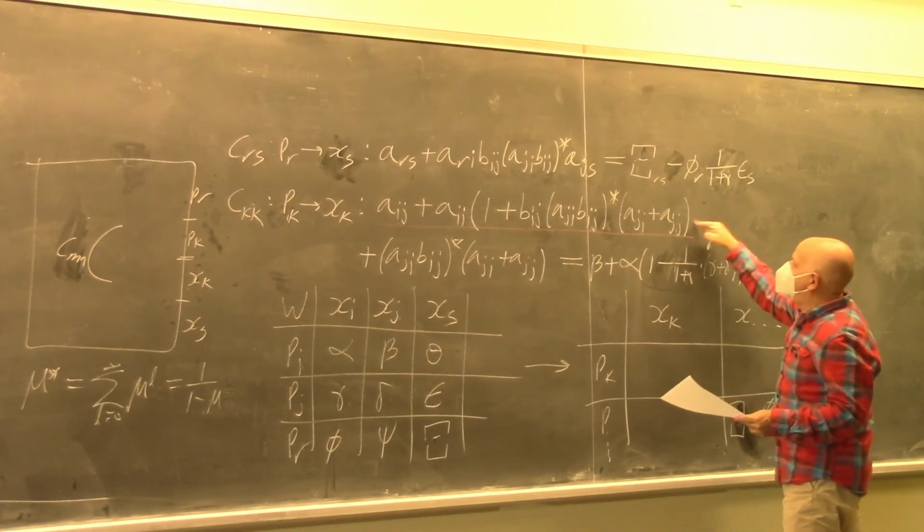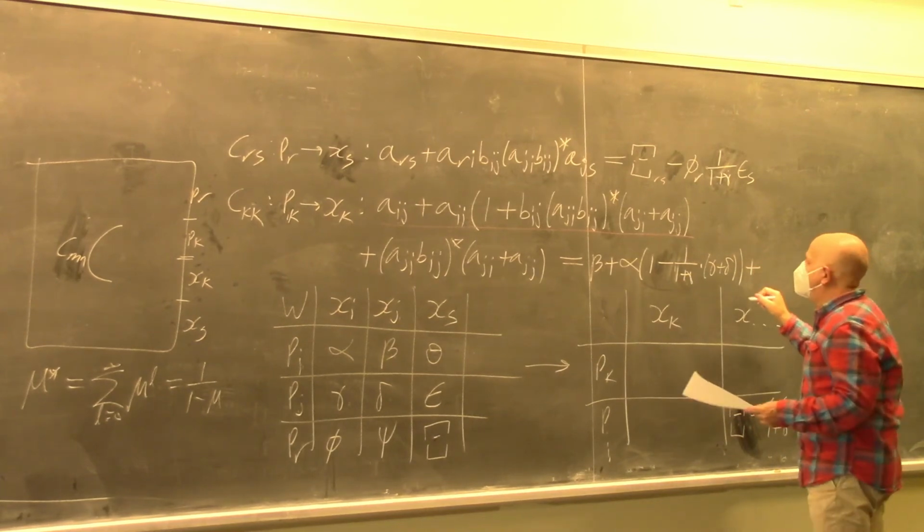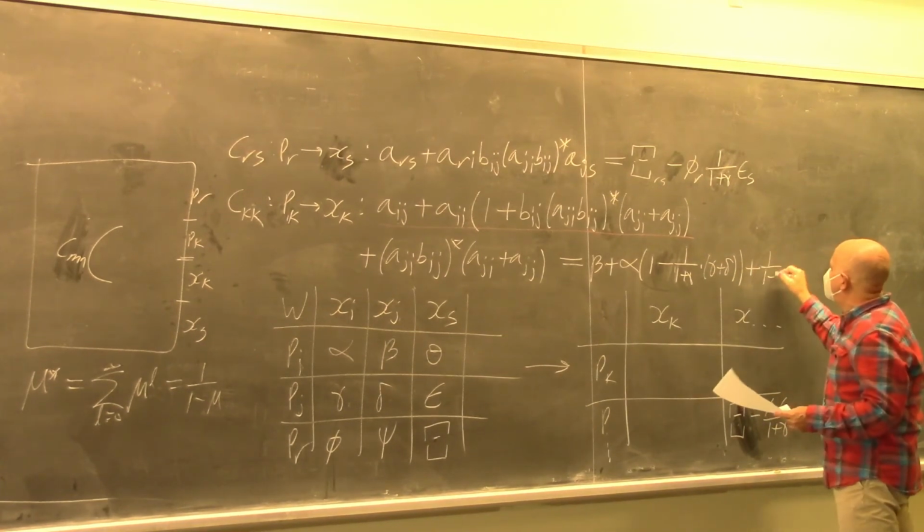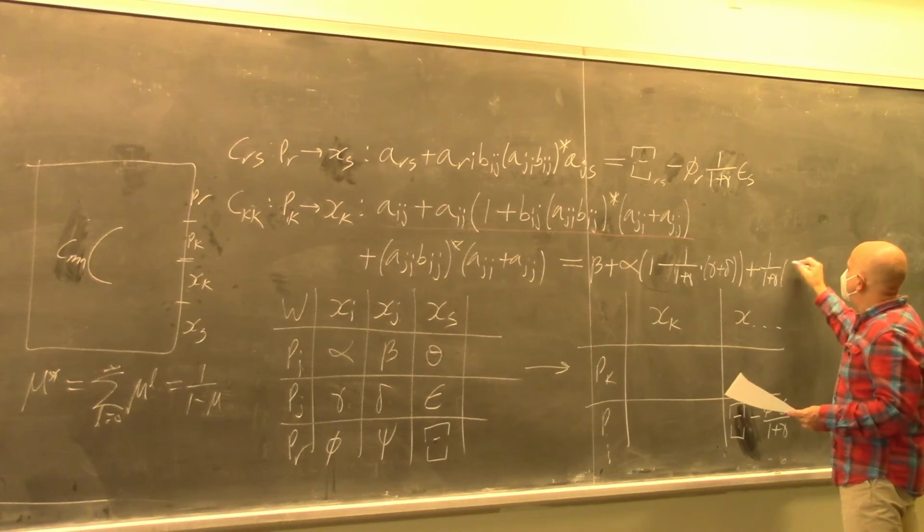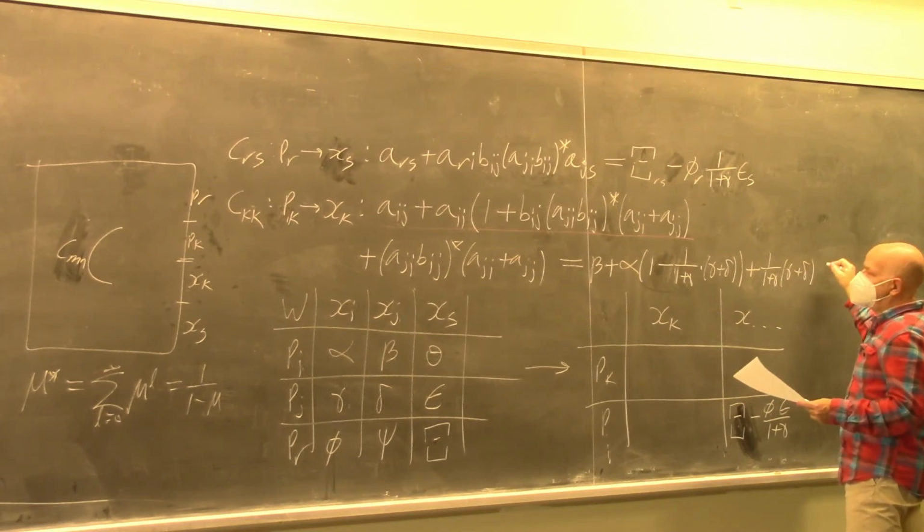That ends the first line, and now comes the second line, and the second line is again 1 over 1 plus gamma times gamma plus delta.